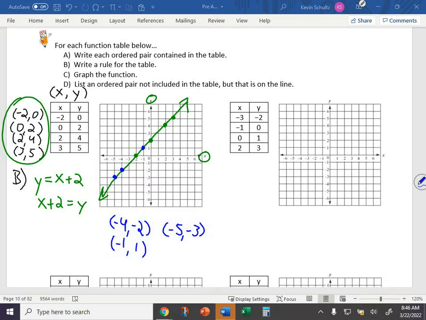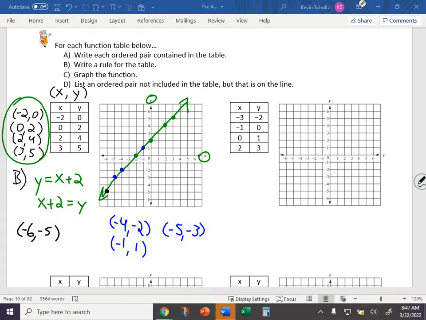I kind of get a little bit crooked here at the end, and it looks like I've got a point here at -6, -5. If I write that down, I ask, does it follow my rule? What's -6 plus 2?